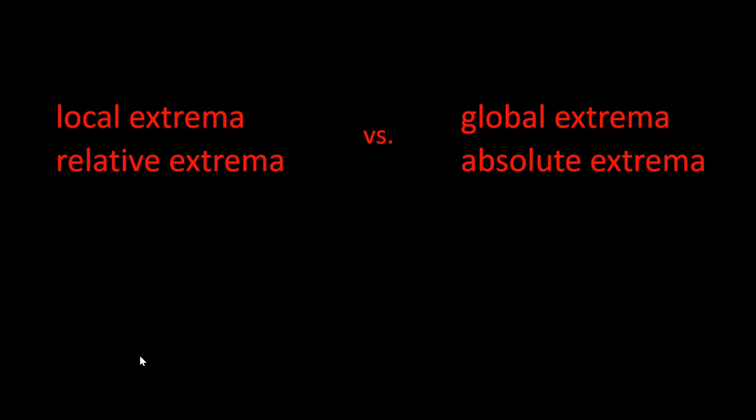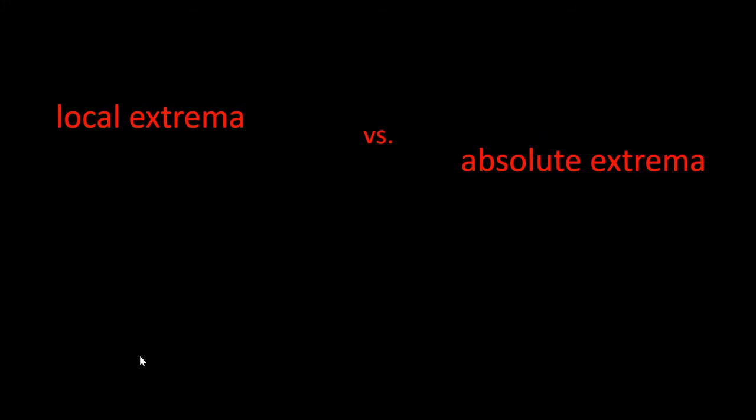Local or relative is for a small part of the graph. In one textbook that we are using, we just simply call this local versus absolute, but your instructor may happen to use the other terms, relative or global. If you only are asked for extrema, or like the maximum or the minimum, you can assume they're talking about absolute, which is for the entire graph.